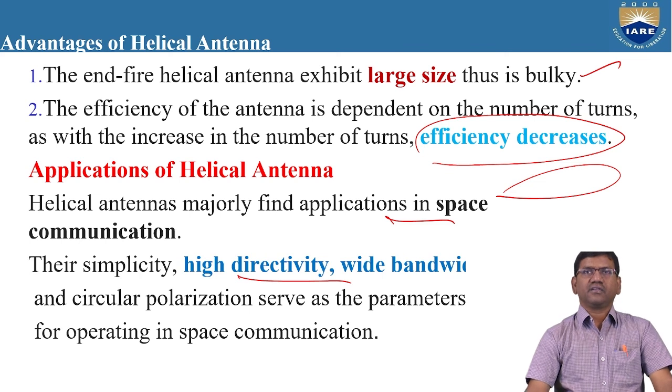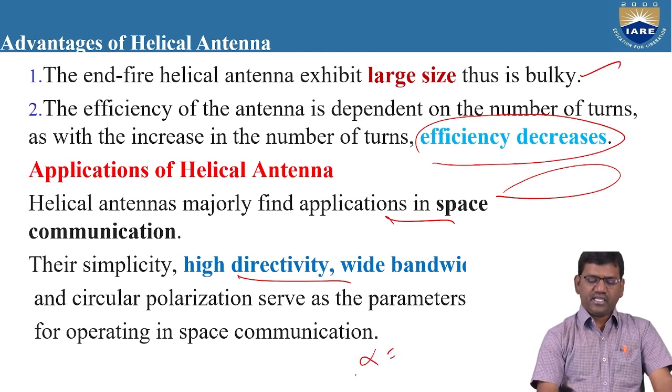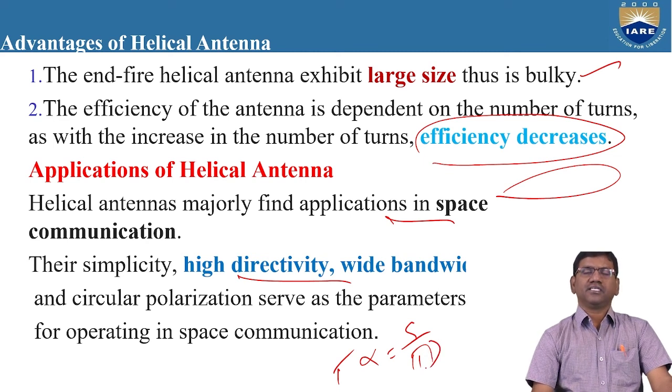So here we'll conclude this helical antenna. The helical antenna is nothing but a conductor wound in the form of a loop with n number of turns, and here there is a pitch angle where tan alpha is given by S by pi d. This helical antenna operates in two modes: normal mode and axial mode.